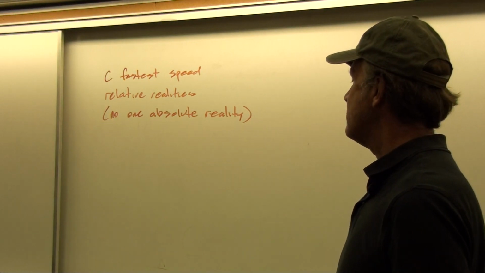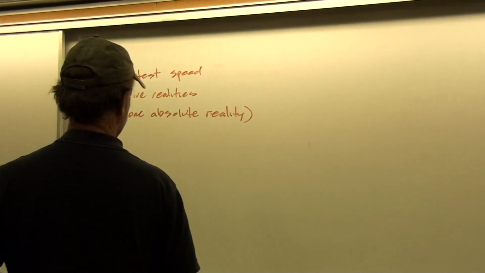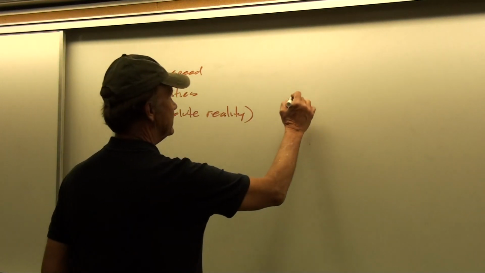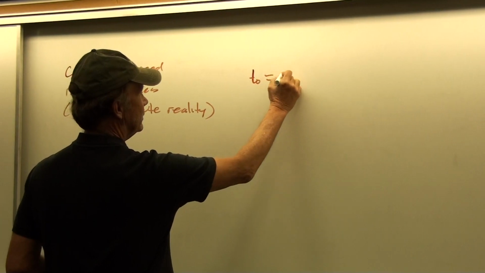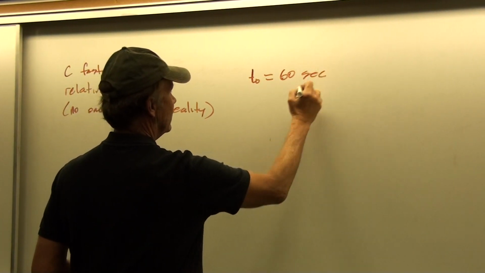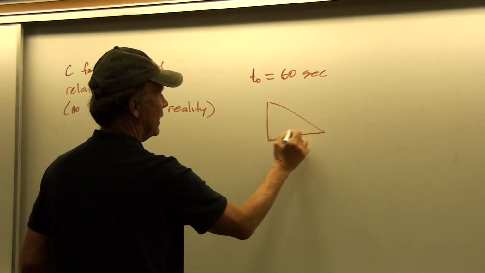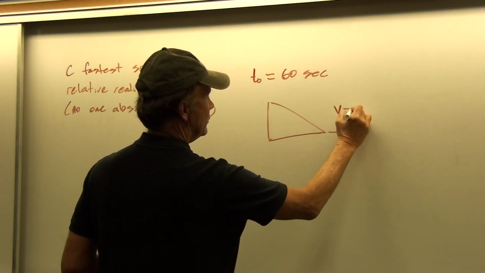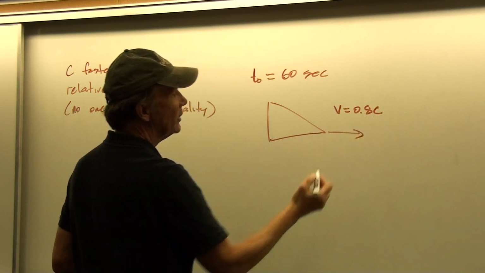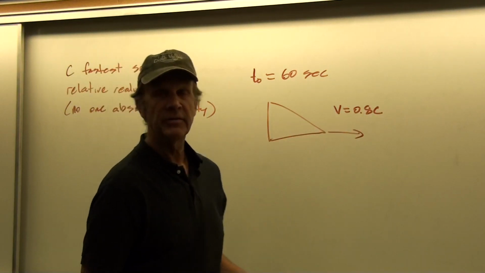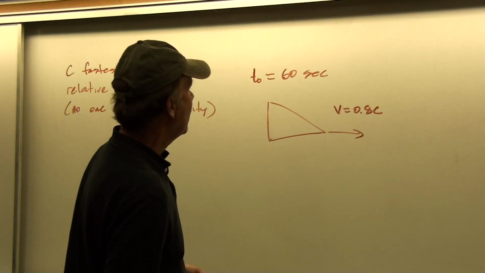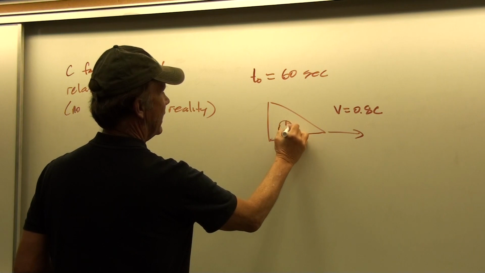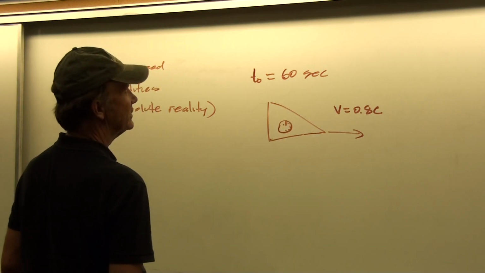So, getting away from the philosophical aspects of this for a moment, let's do an actual calculation. Let's say that t naught equals 60 seconds in the last example, where we've got that rocket moving at v equals 0.8c. So we're okay here in that we're not going faster than the speed of light. And so let's say that the clock goes all the way around once, 60 seconds.